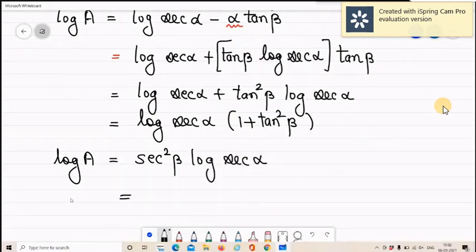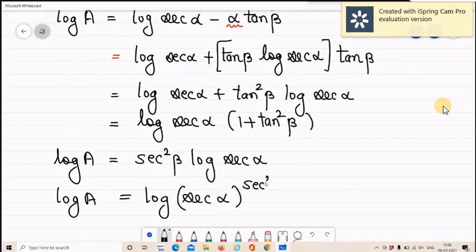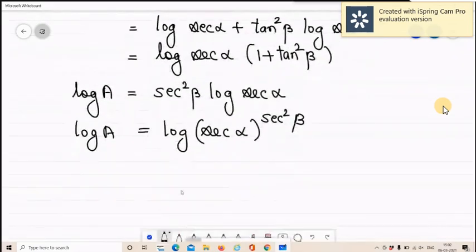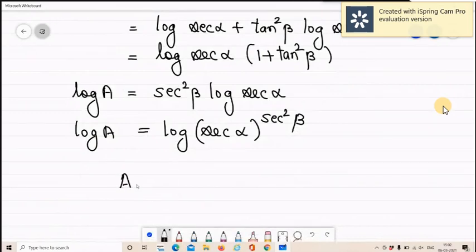By the property of log, the sec square beta will go in the power. So we are getting log a is equal to log of this. That means a is sec alpha raised to sec square beta.